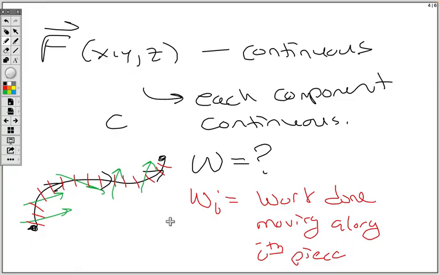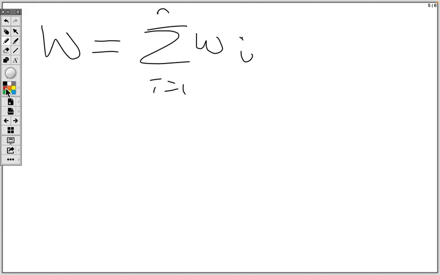So let's take a look at this W sub i. Let's say we got this little piece here. So we're looking at one little piece, like that. And to get the work done here, I would need to take the force times the direction.